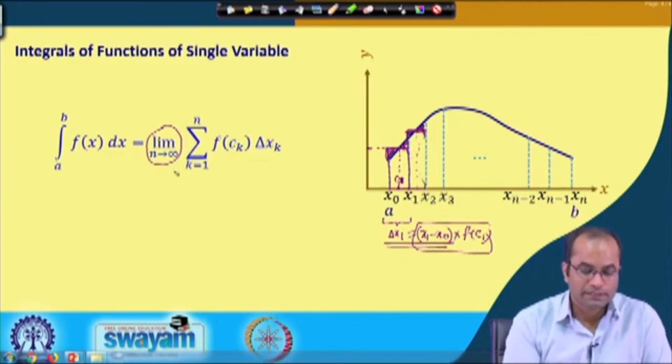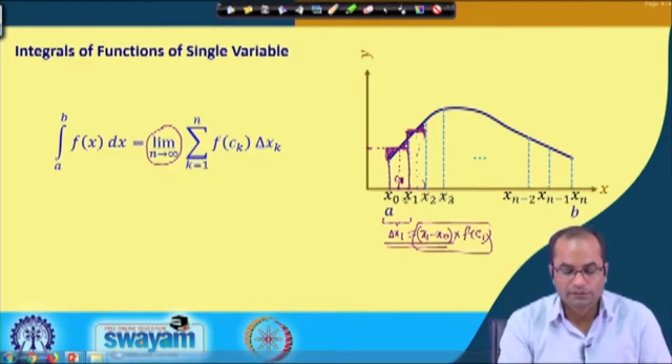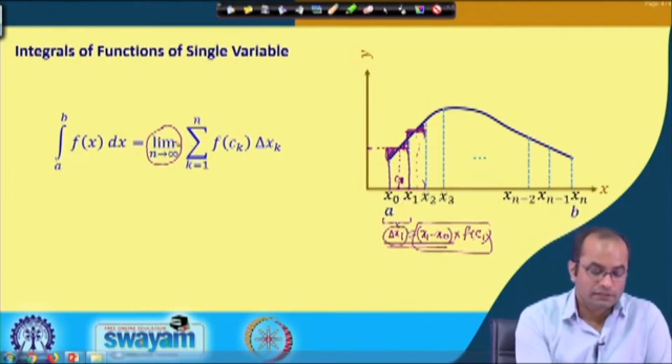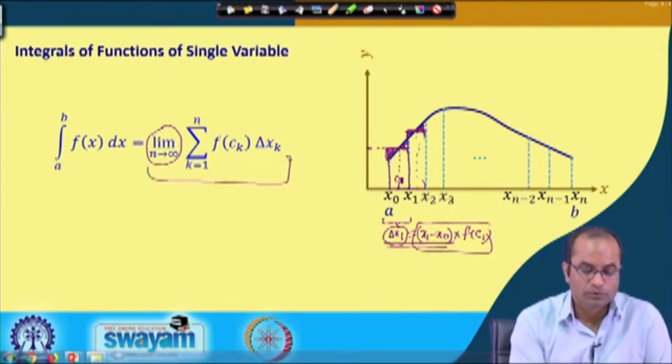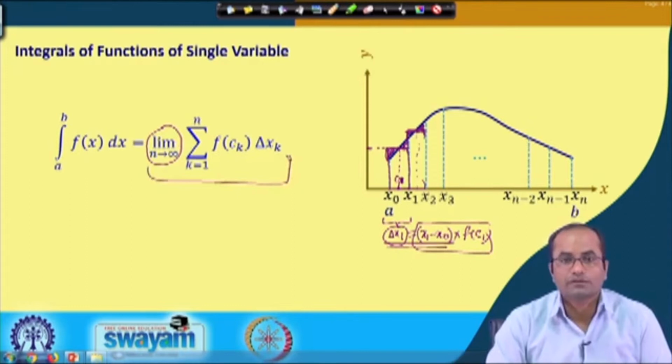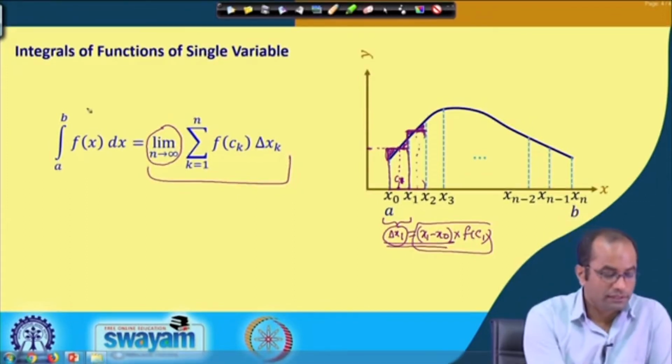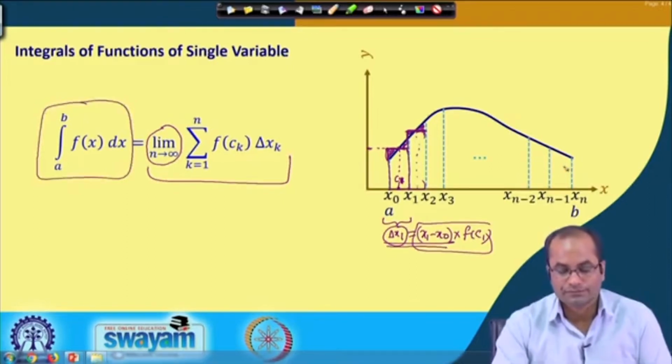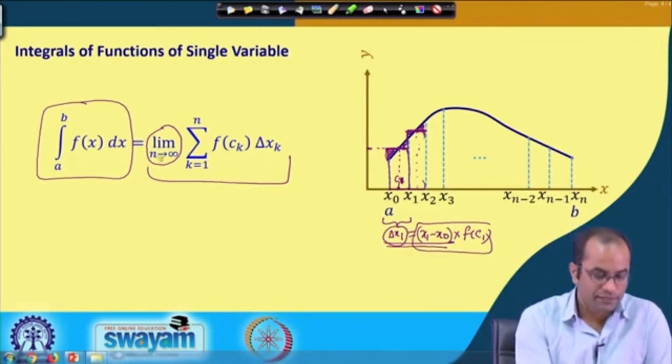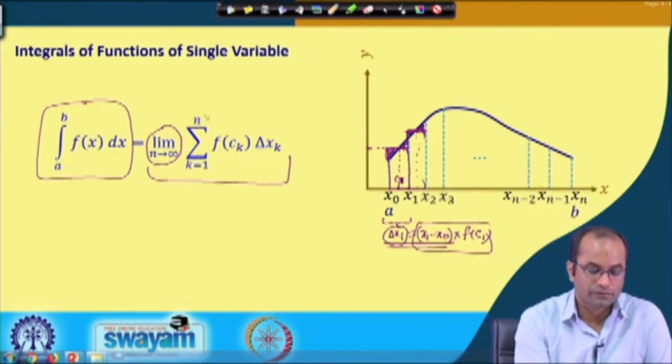In the limiting case, when the lengths of these intervals are going to 0, this limit will approach the area under the curve. So, this integral a to b f x dx represents the area under this curve, and this is defined as the limit of this sum.